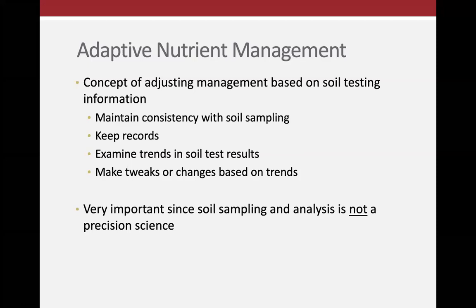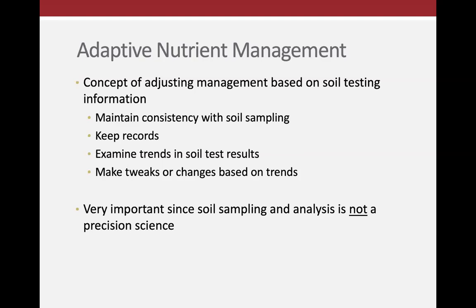And so, and we'll talk a little bit about this in the next lecture, think about what is happening in your system in that field, what you have been doing, and what the soil test trends are over time. Are they increasing, decreasing, maintaining? And then are you going to do anything about it, are you going to tweak or change?